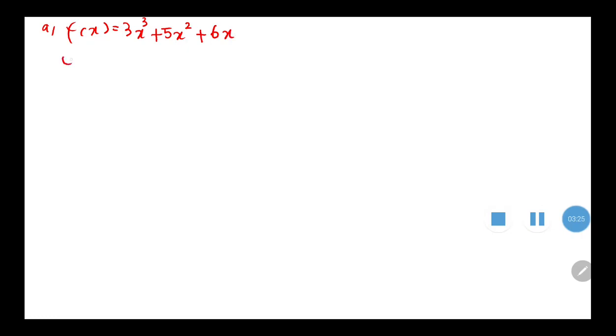Derive it one time and you will get 3 times 3, and this one should be x squared, which is x to the power of 3 minus 1, and you will get 9x squared plus, I hope you will get the gist of deriving by now, 10x plus 6.